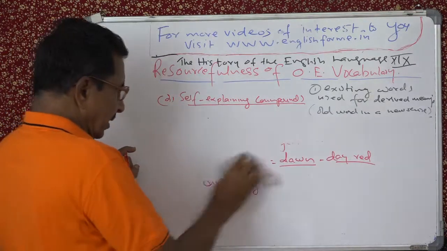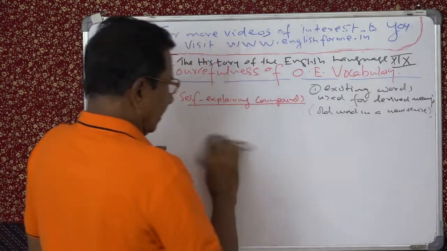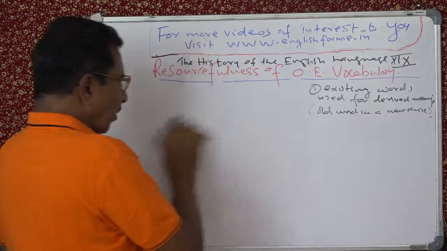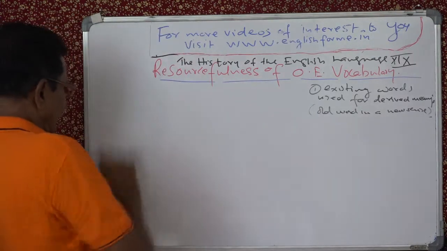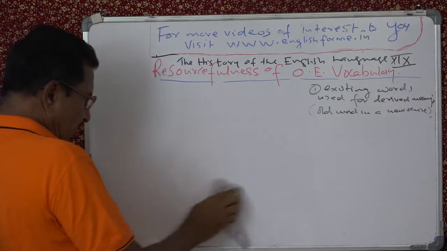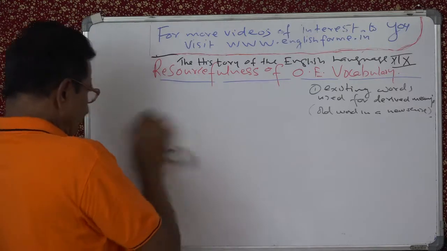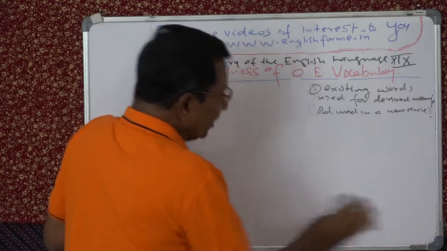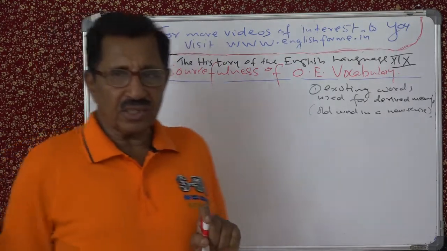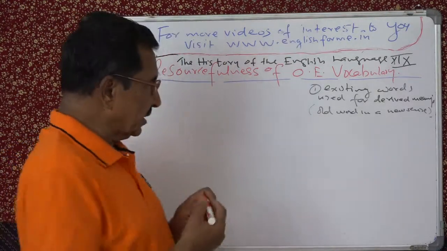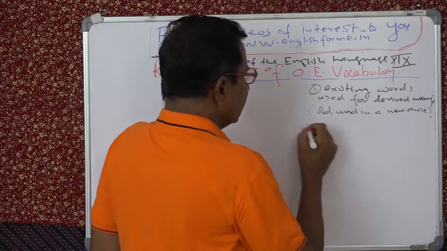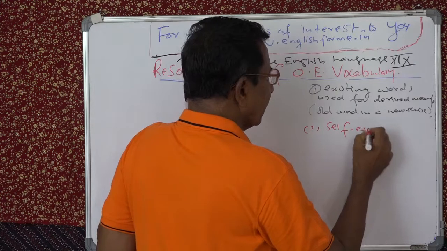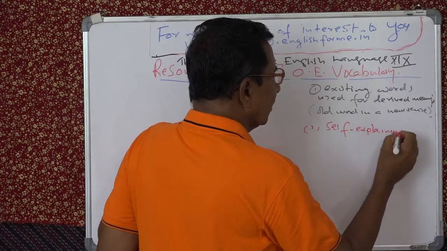So that is a second method, you can say. The second method of enriching or expressing ideas, although the language suffers from paucity of words, means not enough words. Paucity. The second is self-explaining compounds.